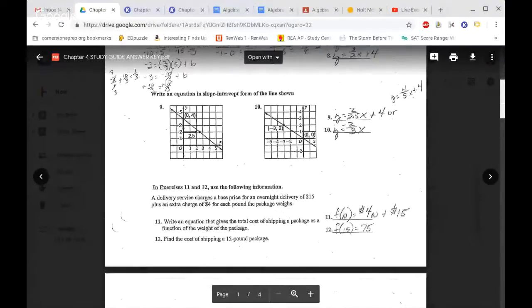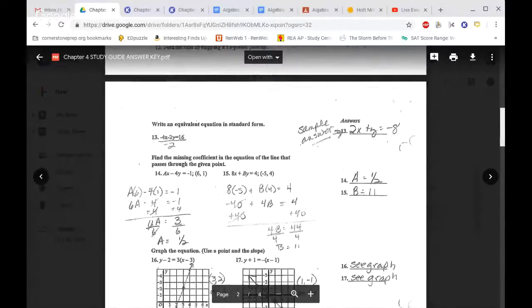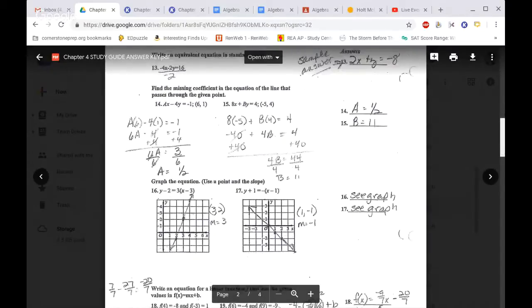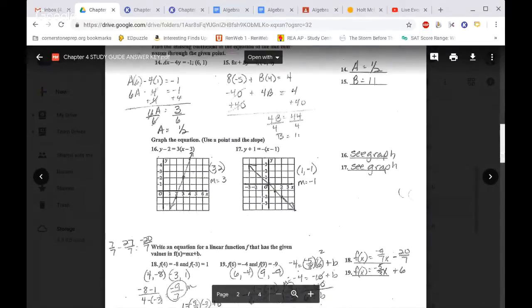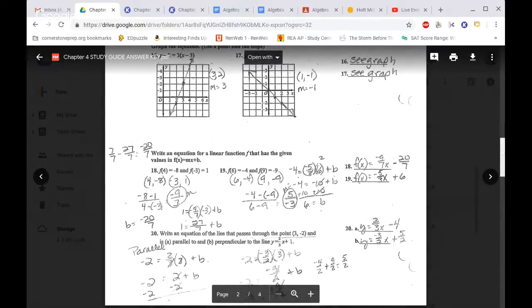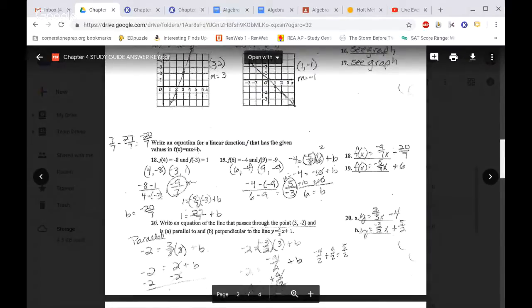See, I've already worked a lot of it out. And I will make my work look a little neater than that. How's that?